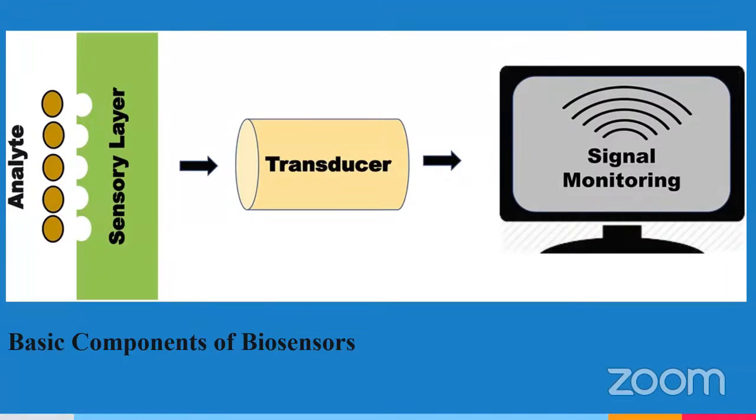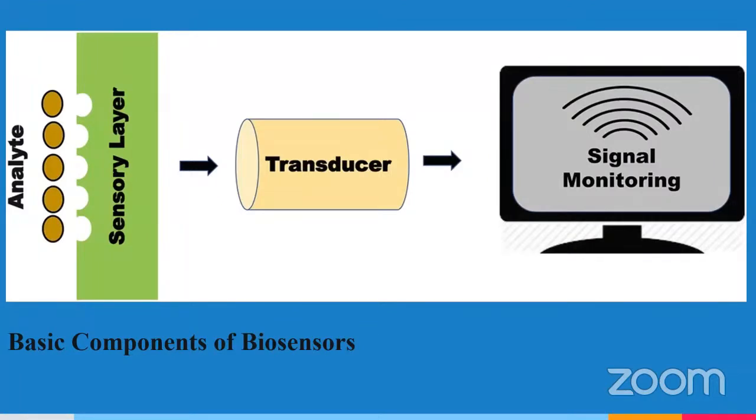And then there is an analyte, a specific kind of analyte that we want to detect. The receptor works as a probe that conjugates with the analyte and then gives us a measurable signal. A biochemical event occurs between the analyte and the receptive layer, and the biochemical reaction results in a measurable signal through a transducer.